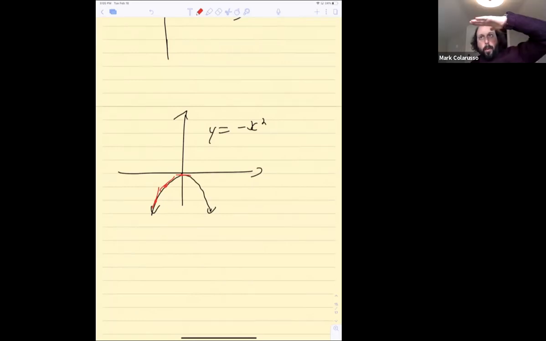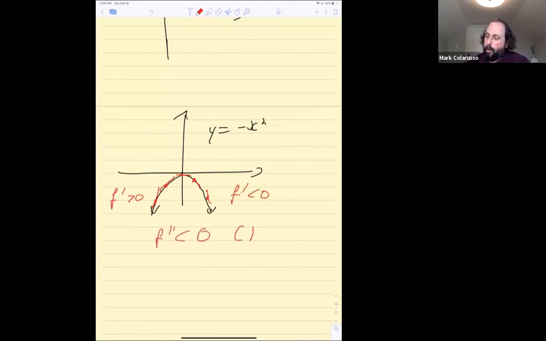They become less and less positive. The tangent is 0 at the max, then starts getting more and more negative. The graph is bending down. So here you have f prime positive, then f prime negative, but the whole time f double prime is negative, it's concave down. Okay, so that's the idea of concavity.